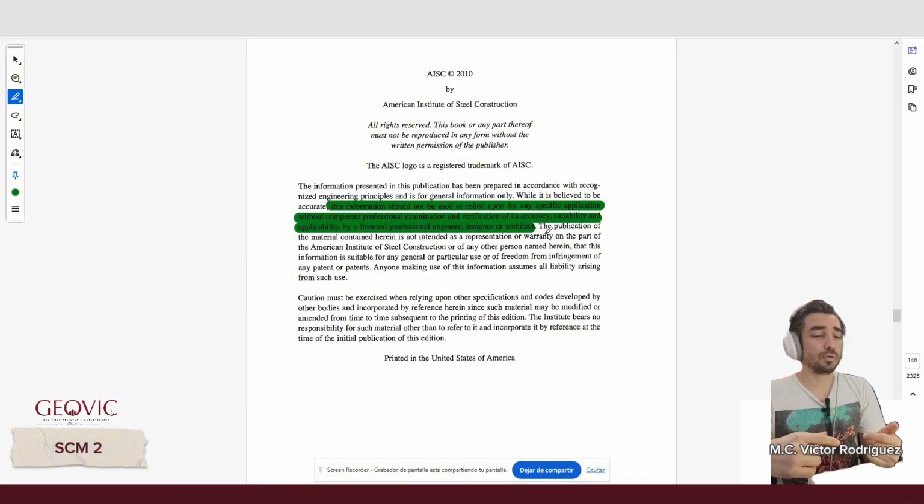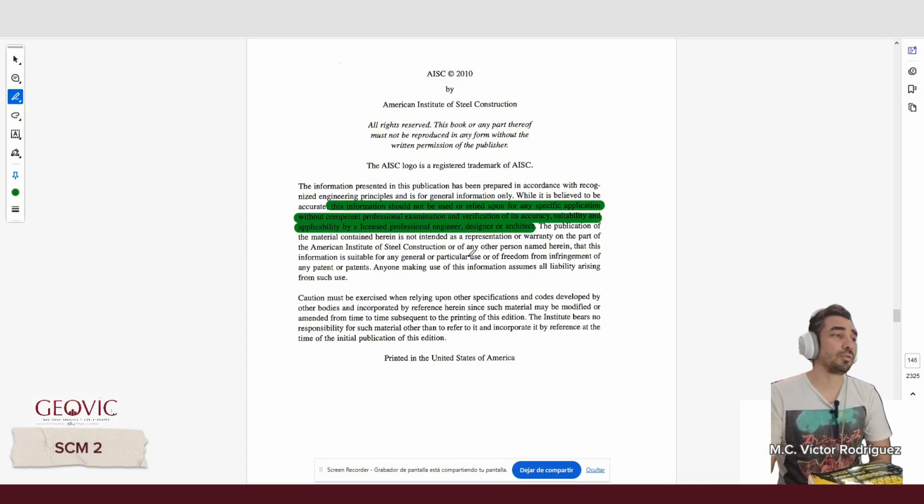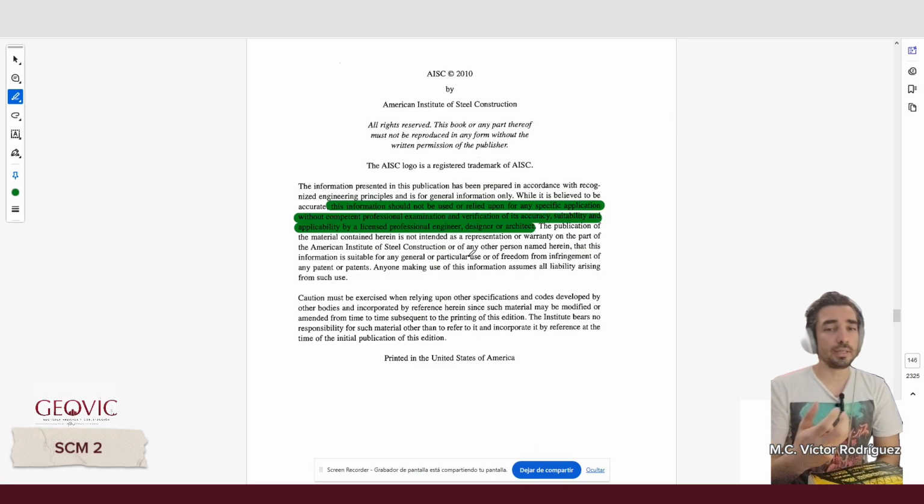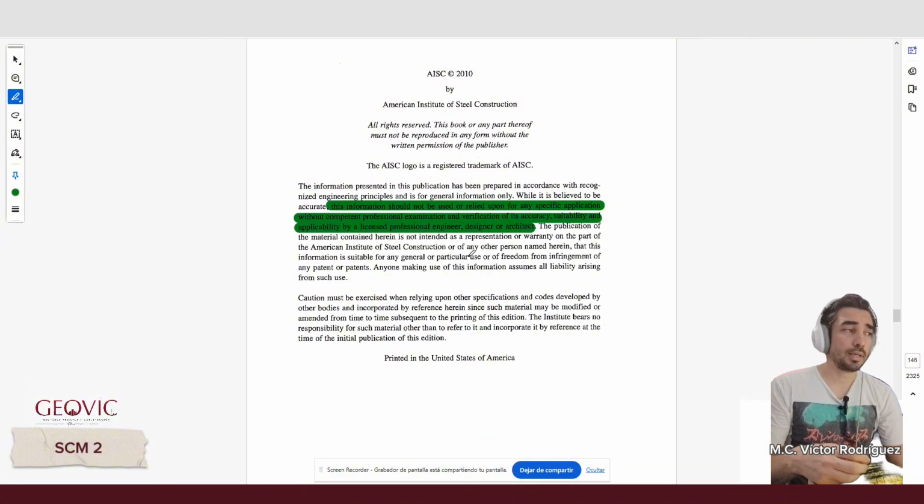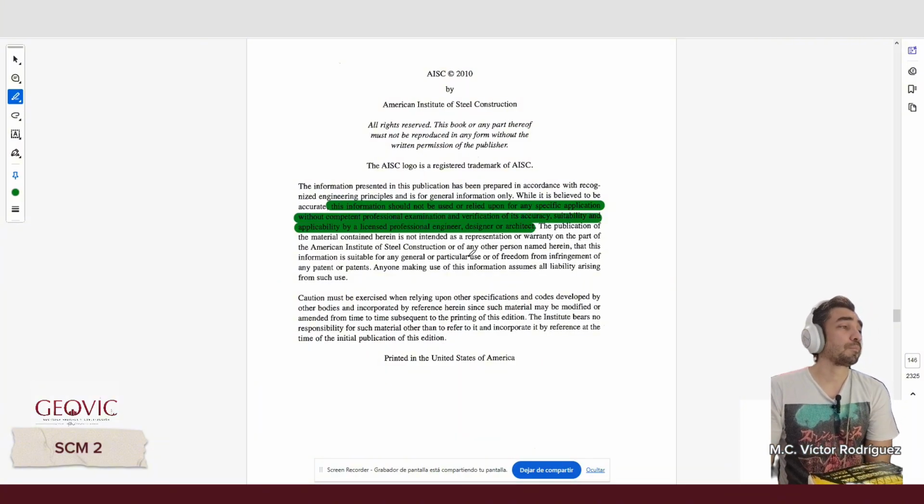You also have to fulfill some requirements, such as passing some exams, and after that they can give you a license. So what this manual is telling you is that besides using the manual and the information within, there should always be a professional engineer behind every decision taken.